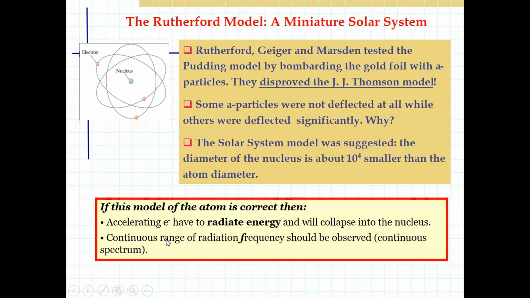The continuous range is predicted by all electromagnetic theories, but we see the discrete spectrum. So Rutherford model needed further clarities, modifications, or further experimentations.